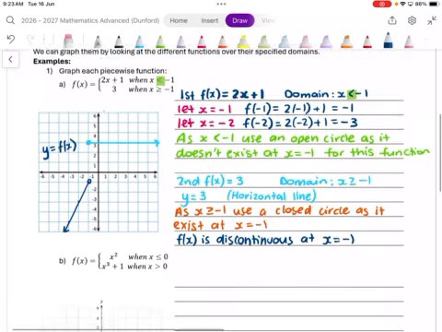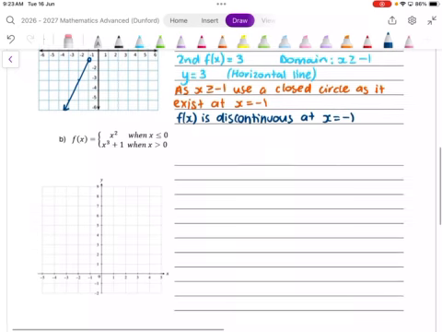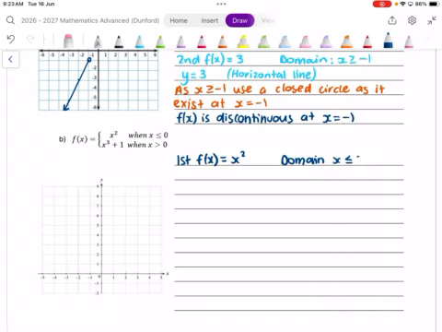Okay. The next one here, we want to sketch f(x) equals x squared when x is less than 0 and x cubed plus 1 when x is greater than 0. So our first function is equal to x squared for the domain x is less than or equal to 0.